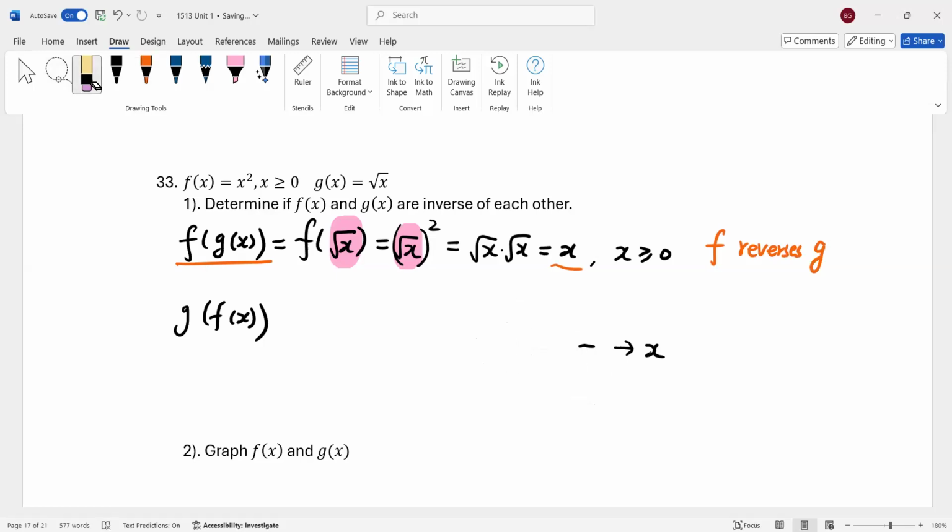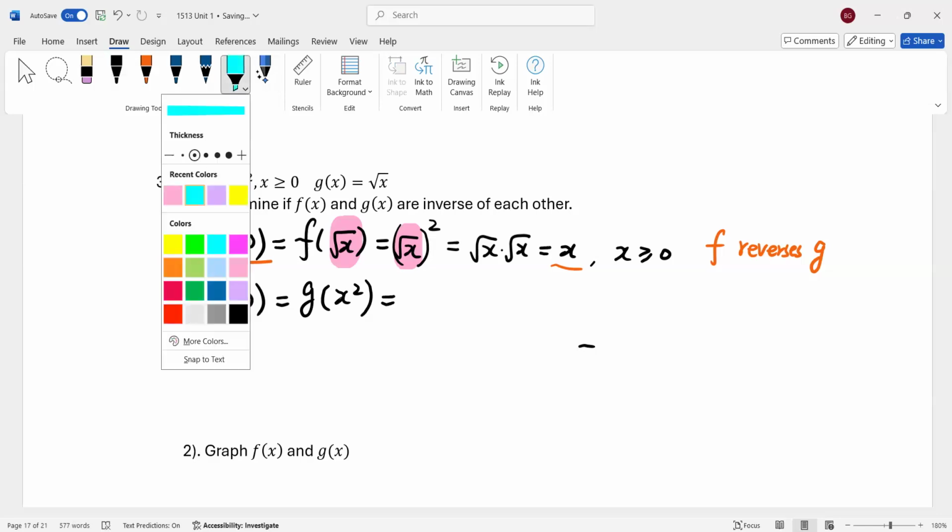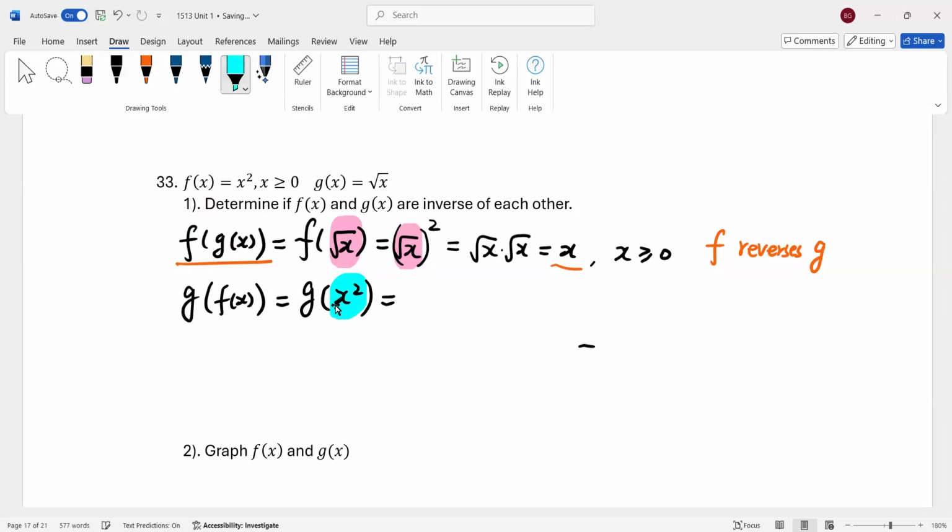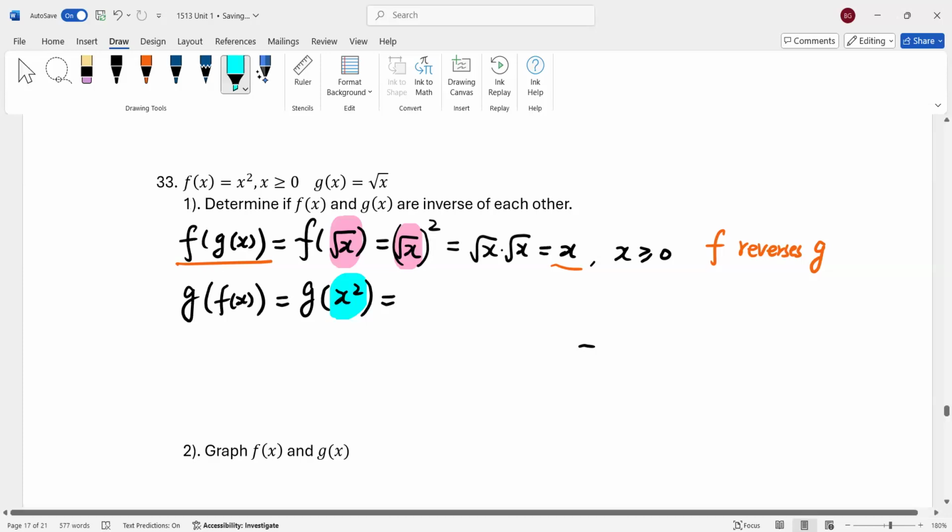The other direction, we're going to look at g of f of x. Inside function f, outside function g. Get rid of the inside function first. Inside function f of x is x squared. Let me change to a different color. I use blue. So the input of function g is blue.